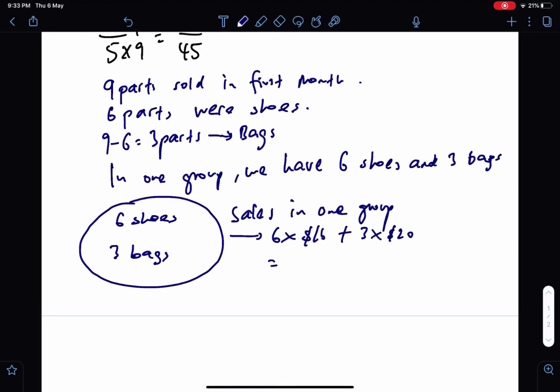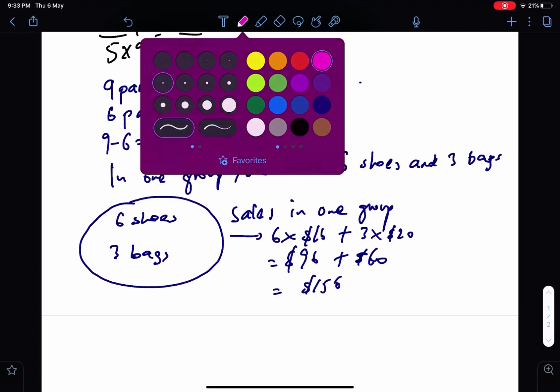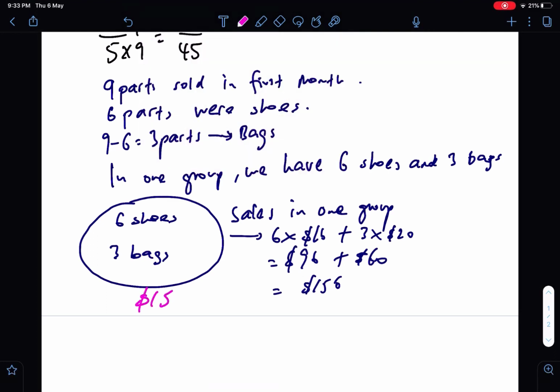Let's see what the total is. So 96 here, plus 60 here, 156. There you go. In one group alone, it's not enough to cover the total sales.